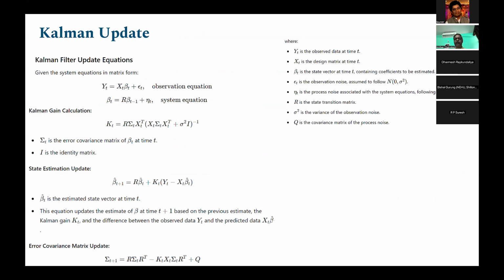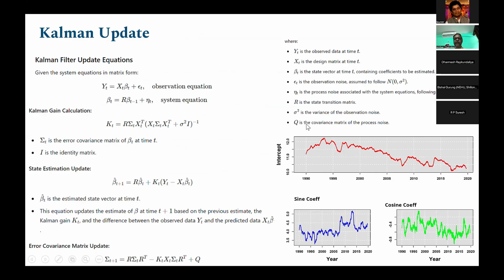The derivations are given in the paper, and we see how the intercept changes and how the sine and cosine coefficients change, which shows that beta 0, beta 1, beta 2, and the other parameters, which are typically taken as constant, actually do vary over time. And so this technique addresses the criticism that they don't change over time.